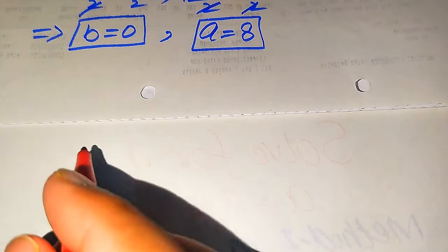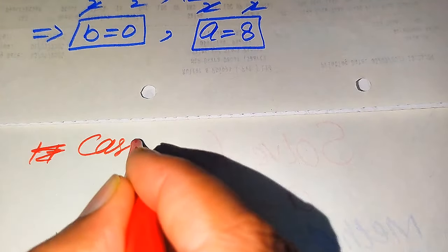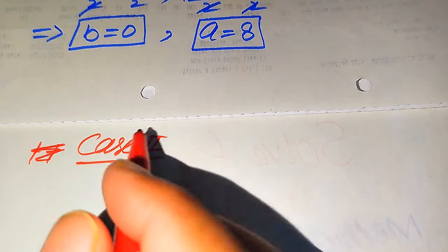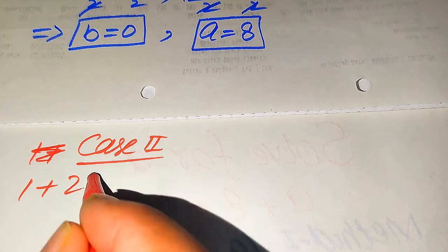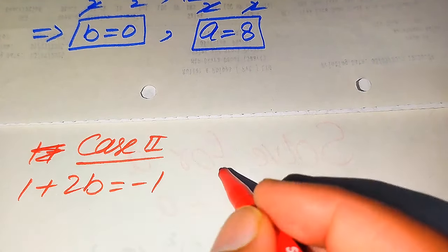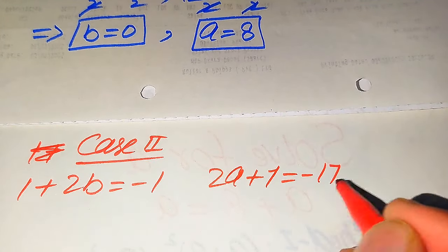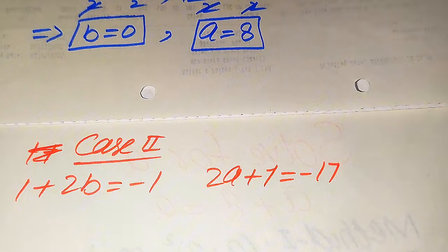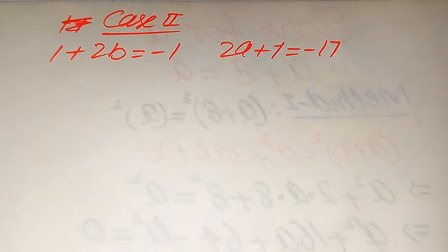So we write our second case here, and after comparing both of these two factors we get 1 plus 2b is equal to -1, and 2a plus 1 is equal to -17. We write both of these two equations here, and now we solve these two equations, and we easily get the values of a and b from the second case.